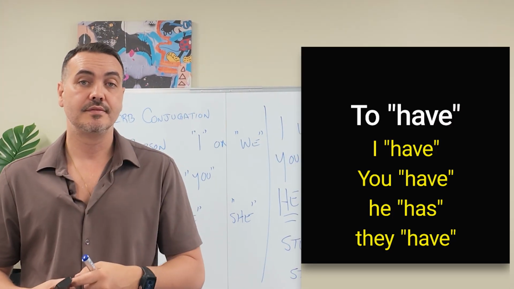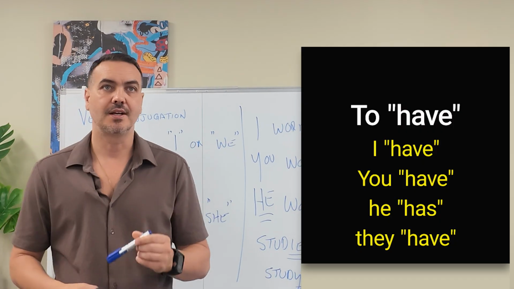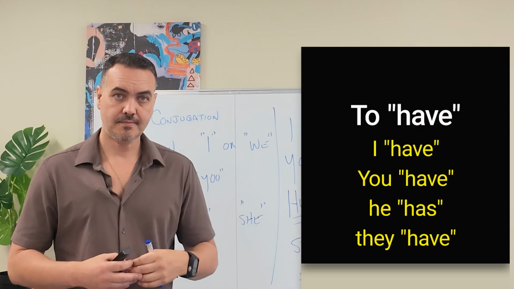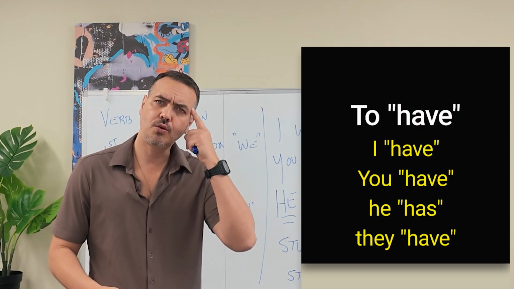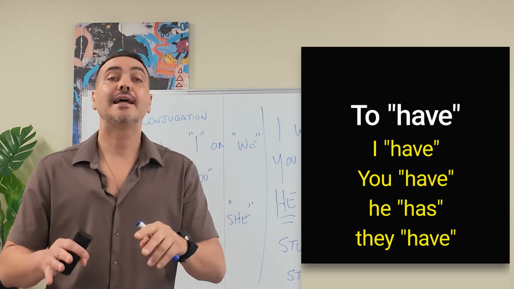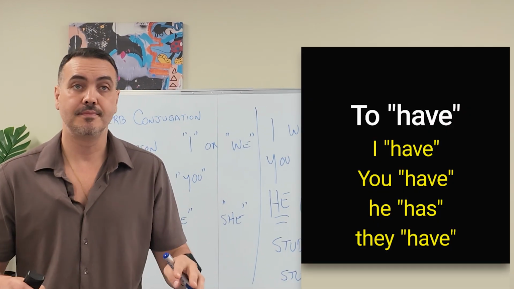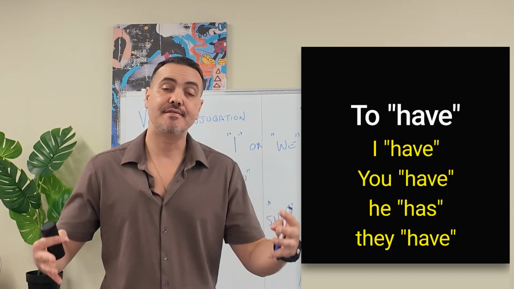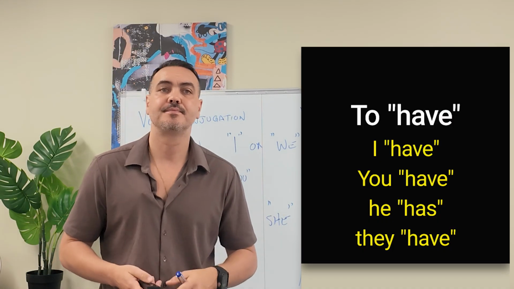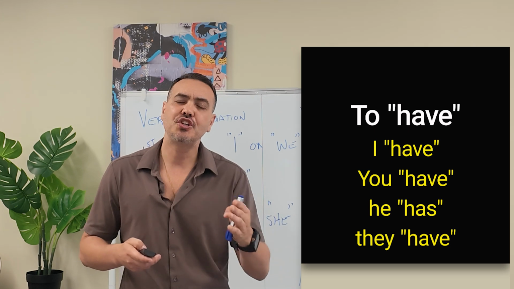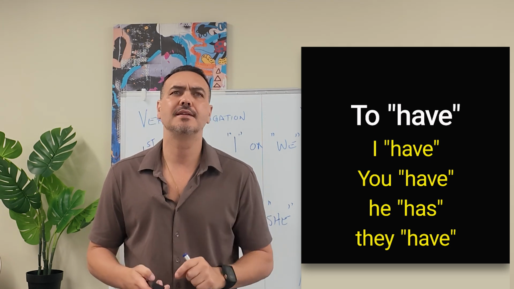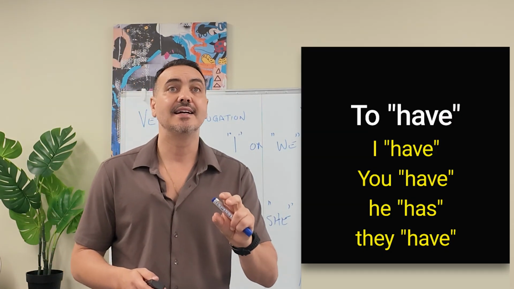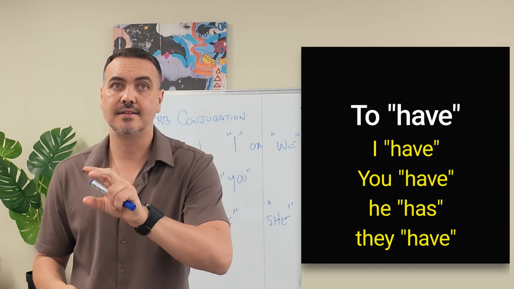You have a pen, okay? He has a car. She has a question. It has a problem. We have time. They have homework, okay? Notice again that he, she, and it are always a little bit different. We do not say he have. We say he has, okay?